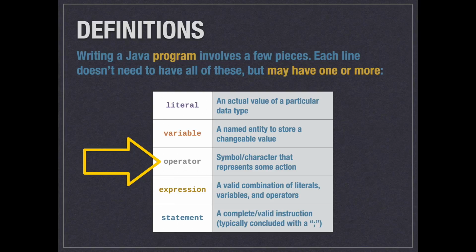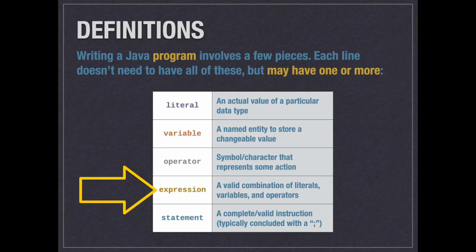So we've used the equals operator, which is also called the assignment operator. So the single equal sign tells Java to take whatever's on the right-hand side of the equal sign and store it in the variable on the left-hand side of the equal sign. That's the assignment operator. We'll go over other ones in just a second.